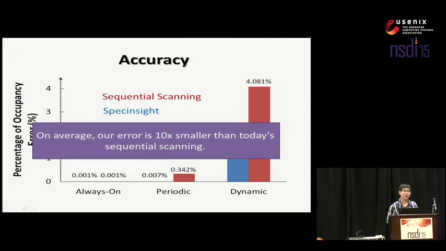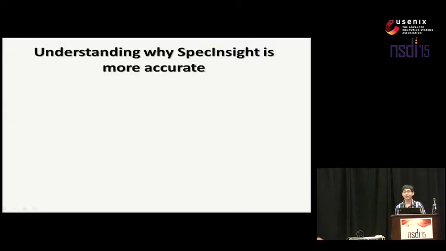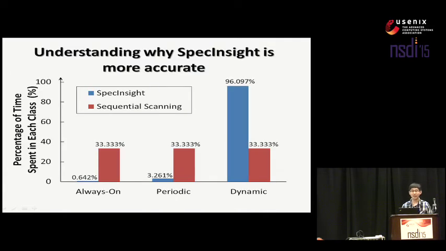So why can we achieve this 10x gain, even for signals like dynamic signals, which are not so predictable? The key is that we use the time much more wisely. Specifically, in this figure, the y-axis now is the percentage of time we spend in each class. As you can see, sequential scanning simply divides the time equally among each type of signal.